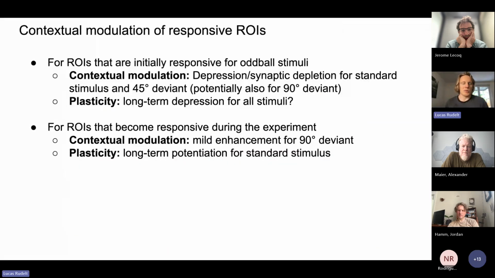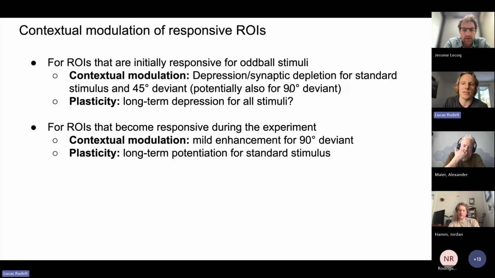Okay, so to summarize these findings, for ROIs that are initially responsive for oddball stimuli, we find both contextual modulation, where we find depression and synaptic depletion for standard and 45-degree deviant, potentially also for 90-degree deviant, which could be, because we're looking at populations, there could be some ROIs that are depleted or depressed, and some that are enhanced.